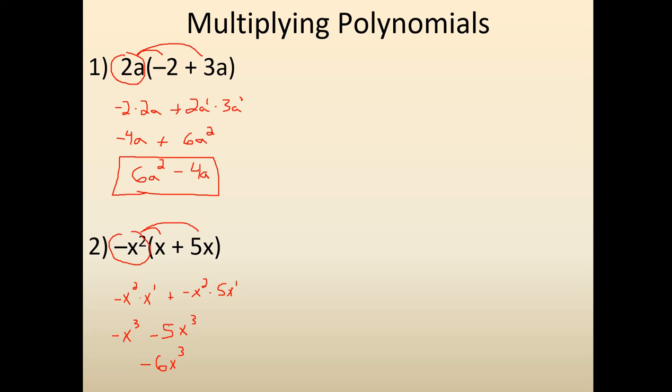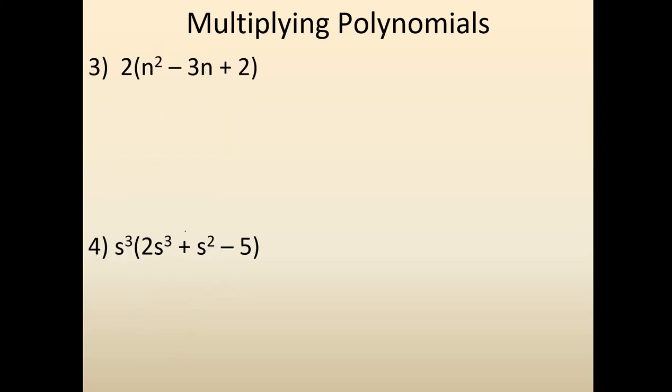Negative 1 plus negative 5 is negative 6. Realistically, you also could have done this by combining the x and the 5 first before you distribute. Either way. All right, so here's the next set of questions. Pause the video, work on them, and we'll go over them in a second.